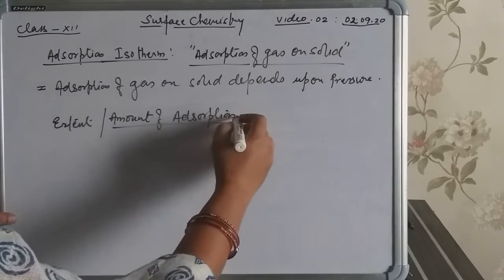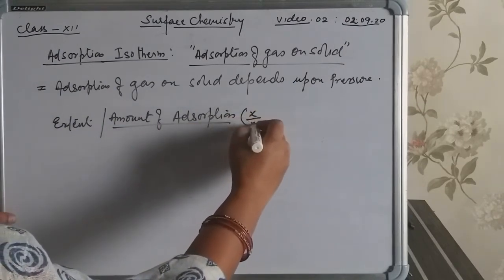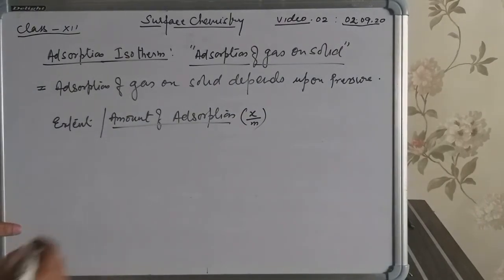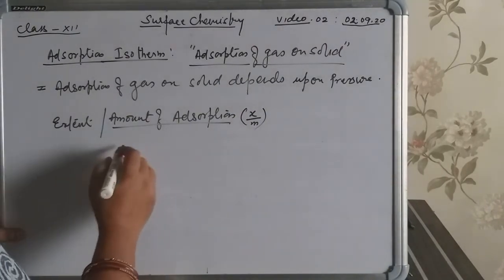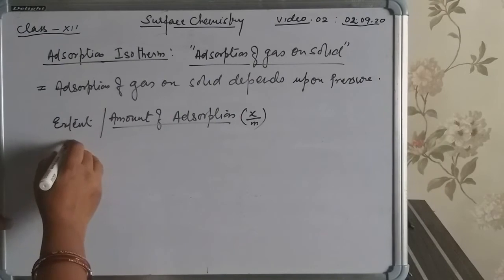Amount of adsorption is given by x by m, where extent means amount.